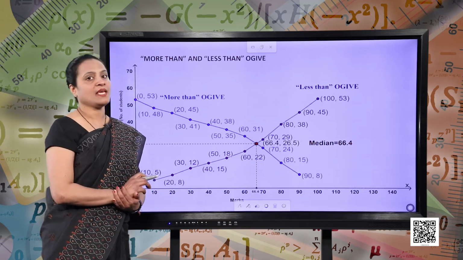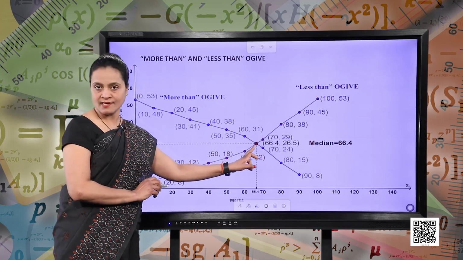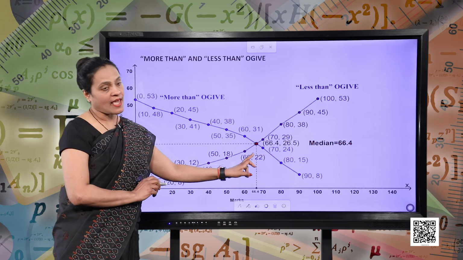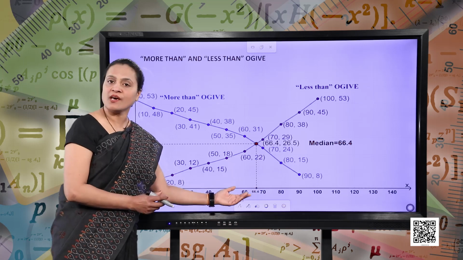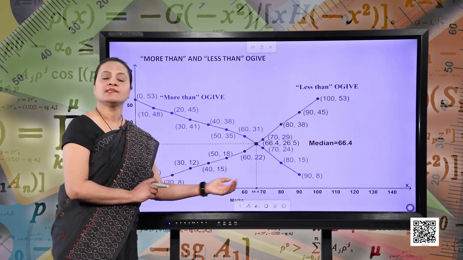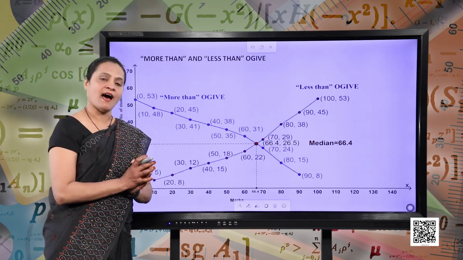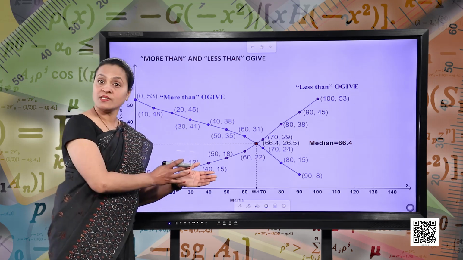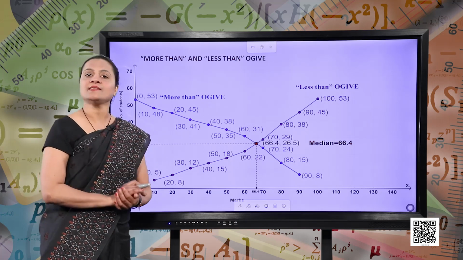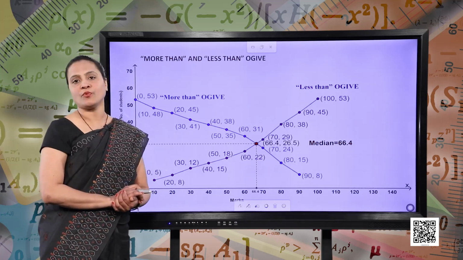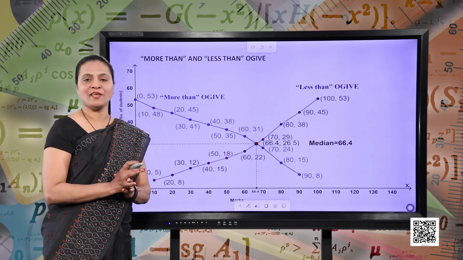So, to get the median by taking both the ogives, we first consider the intersection point of two ogives, then take x coordinate of that point of intersection, which again in this case turns out to be 66.4, and it communicates the same thing, that half of the data lies below 66.4 and rest half of the data lies above 66.4. Therefore, 66.4 divides the whole distribution into two halves, and it is our median.